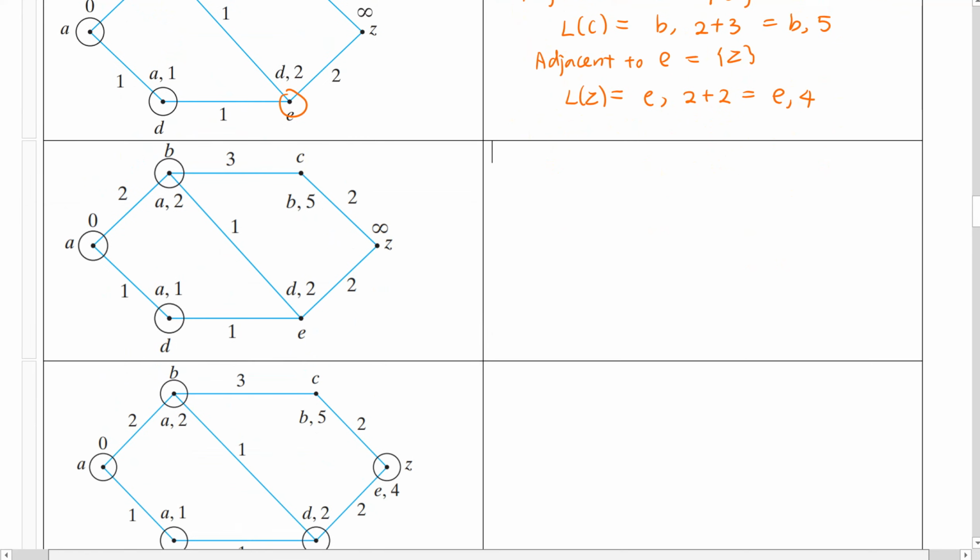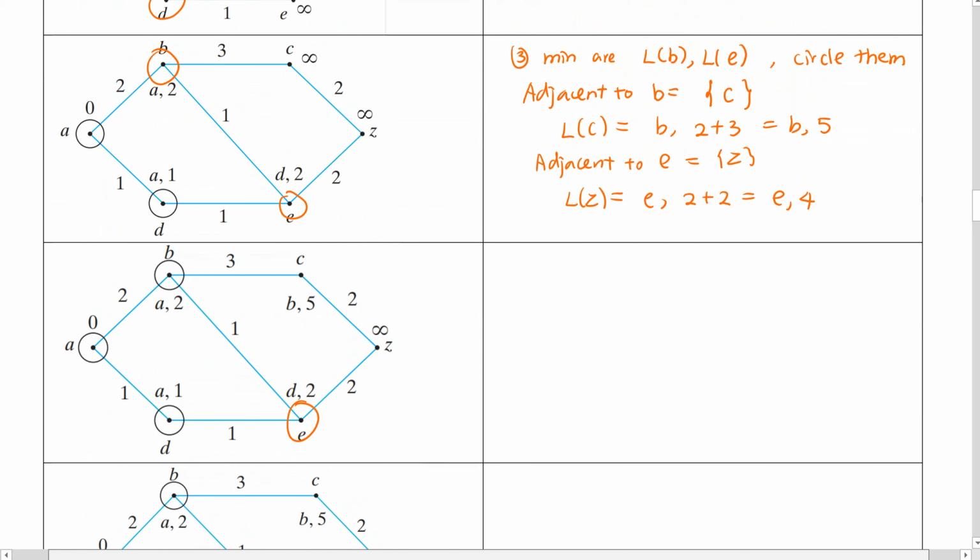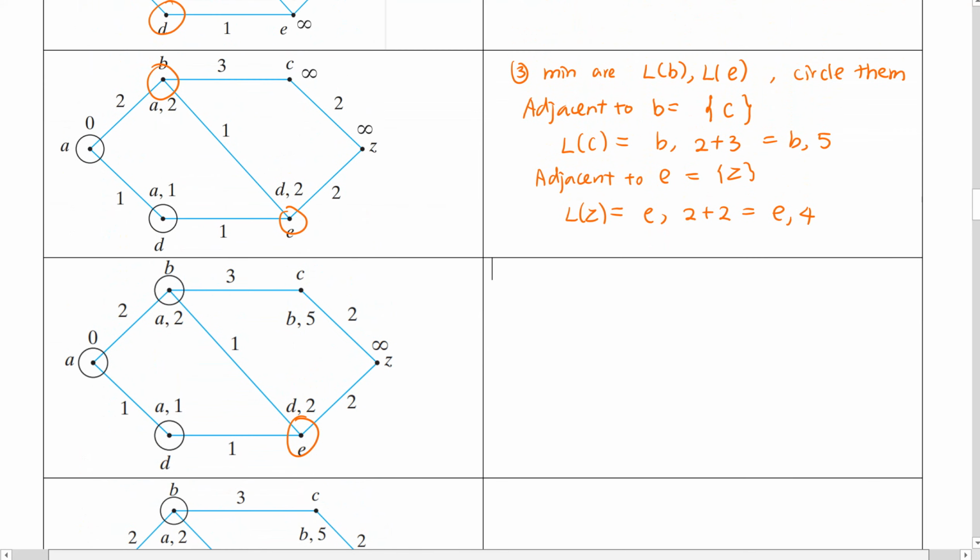All right. So far, so good, everybody. Okay, now the uncircled ones are C and Z. So of course, Z, the 4, is smaller.